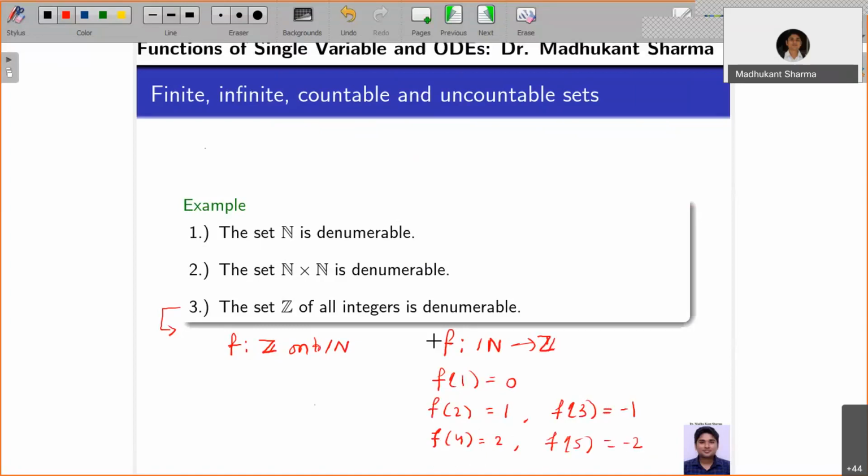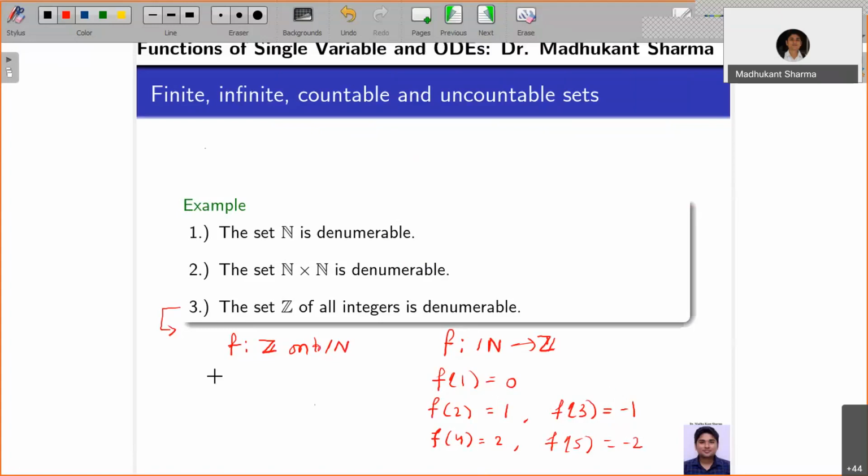So f of 1 is 0, and for 0 you have a unique one. For even natural numbers, you are mapping to the positive integers, and odd natural numbers are mapped to the negative integers. You can prove that this is one-one and onto, which is very simple.